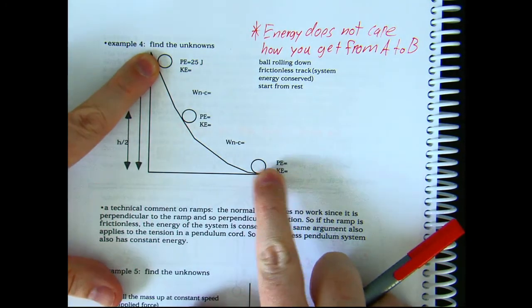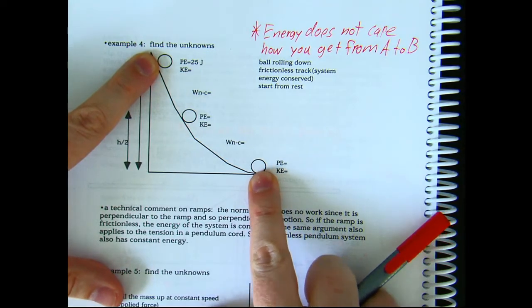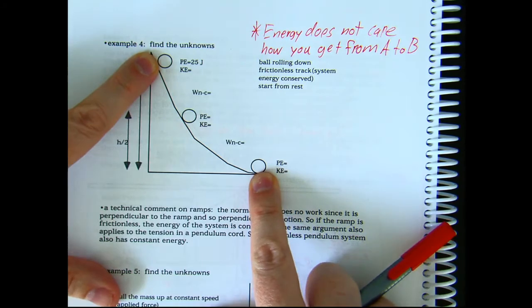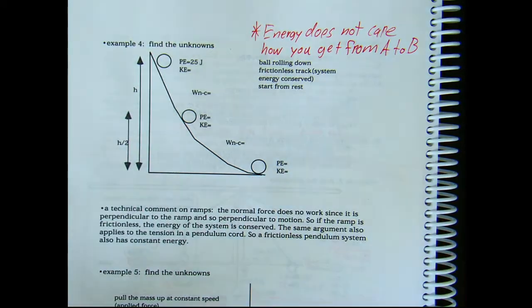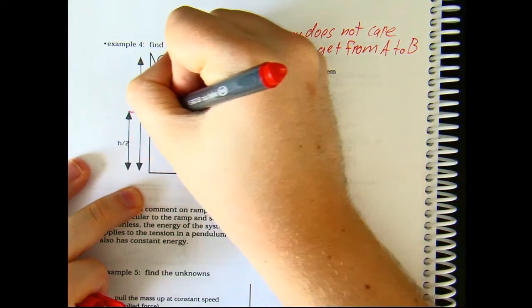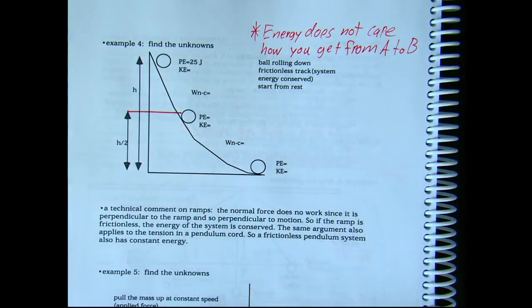If we were going to do this as a kinematics problem, that could be fundamentally different, because it's not a nice straight fall. But as far as energy is concerned, it doesn't matter. That's going to be an important piece of information.